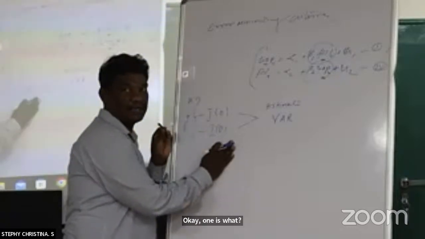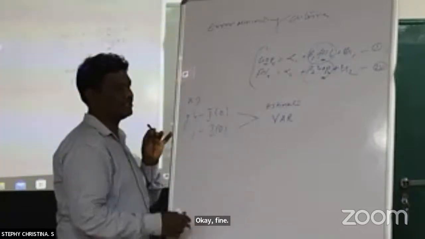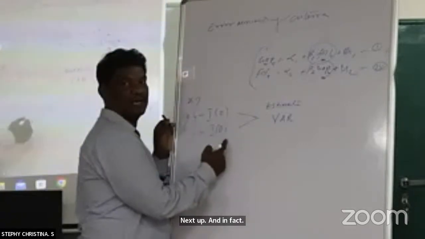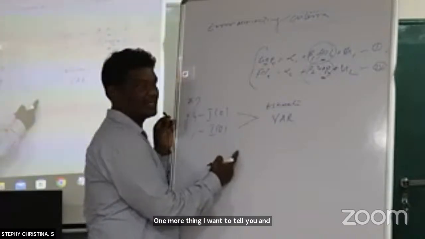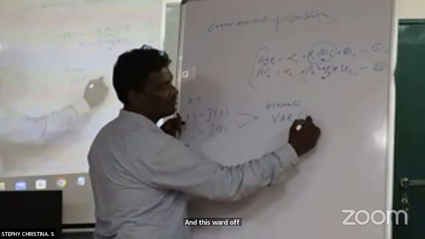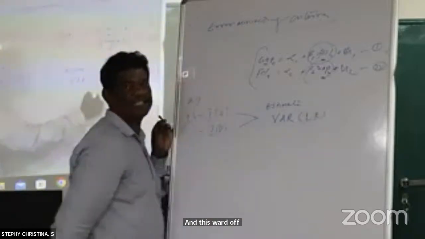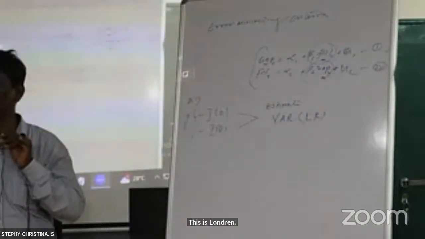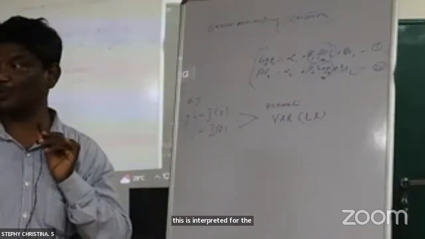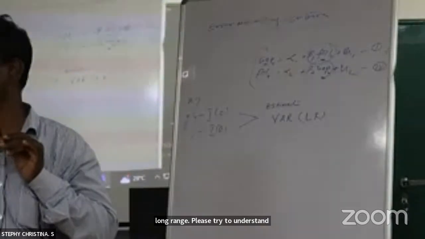The level data. Next, one more thing I want to tell you: this level data which you are using, and this VAR, is interpreted for the long run. Please try to understand. This VAR we are estimating using the level data is for the long run.